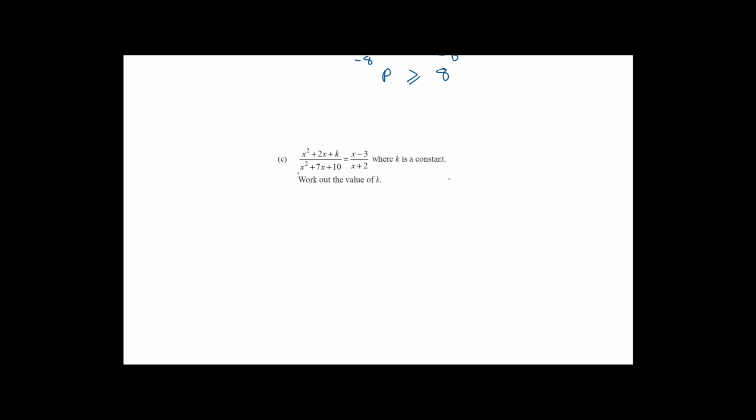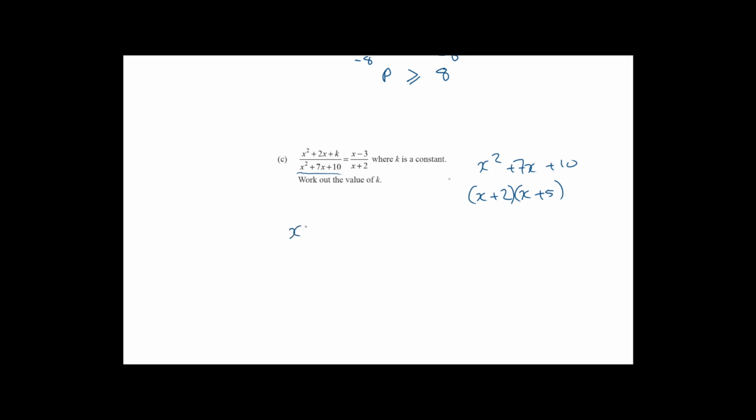This is crying out to be factorized, isn't it? So x squared plus 7x plus 10, x plus 2, x plus 5. Yeah, it's going to cancel really nicely.